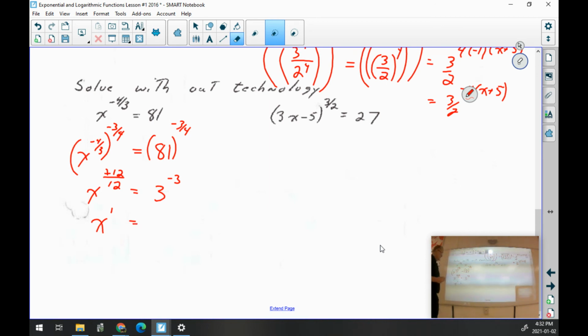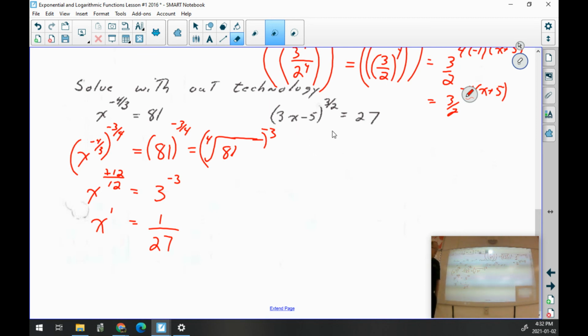So I'm going to deal with that fourth root and end up with 3 to the power of negative 3. 3 to the power of 3 is 27. The negative means I have to put it on the bottom. There's your solution, 1 over 27.